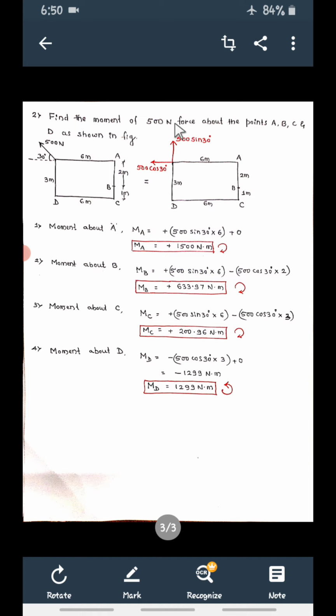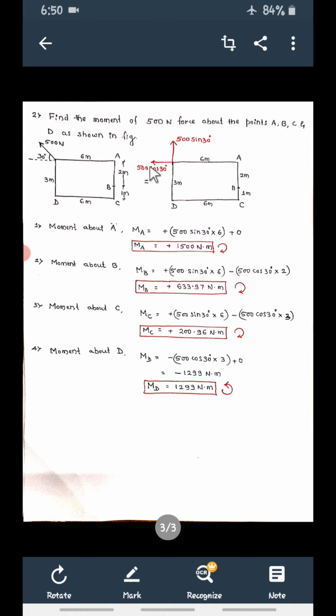This is the line of action of this force, and the perpendicular distance between this force and A is 6 meters. With reference to A, this will produce clockwise. So plus 500 sin 30 into 6.